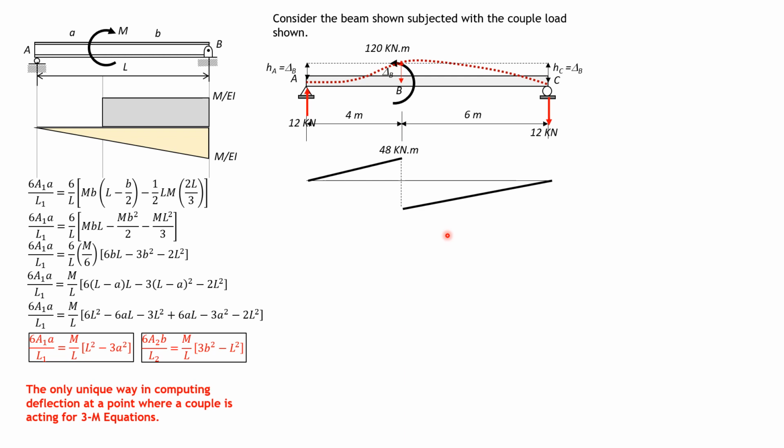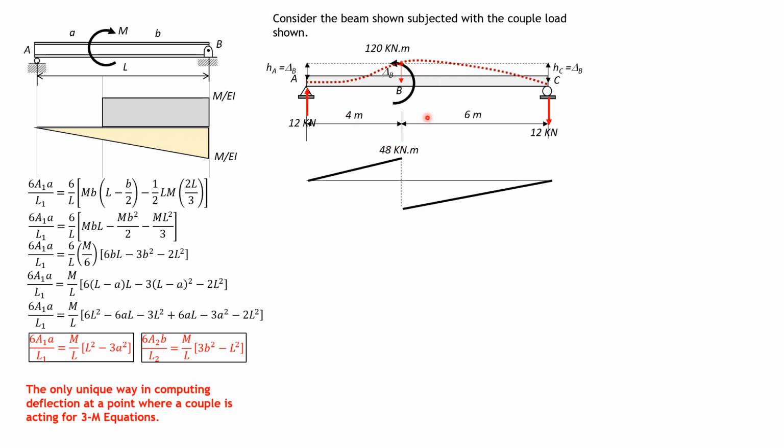So let's solve for 6A1ā over L1 and 6A2b̄ over L2. But before that, let's set up the three-moment equation, which is MA (0) plus 2MB quantity L1 plus L2 plus MC, which is 0, times L2, plus 6A1ā over L1 plus 6A2b̄ over L2 equals 6EI quantity HA over L1, where L1 is 4, and HA is delta B, plus HC, which is delta B also, divided by L2, which is 6.